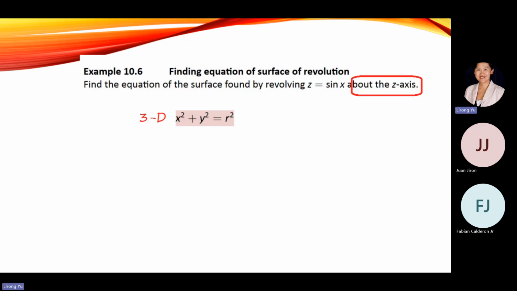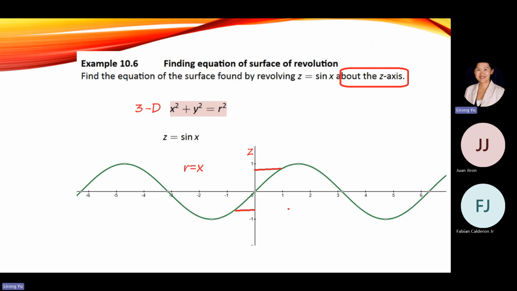All right, so let's look at an example to see how it makes sense. So this is a question. We have z equal to sine x. We want to rotate it about the z-axis. So again, in three-dimensional view, if you rotate about the axis, then automatically you have x squared plus y squared equal to r squared. That is part of the equation then. And then let's look at the two-dimensional picture. z equal to sine x.